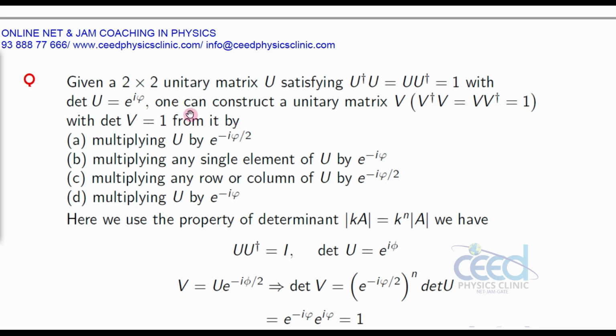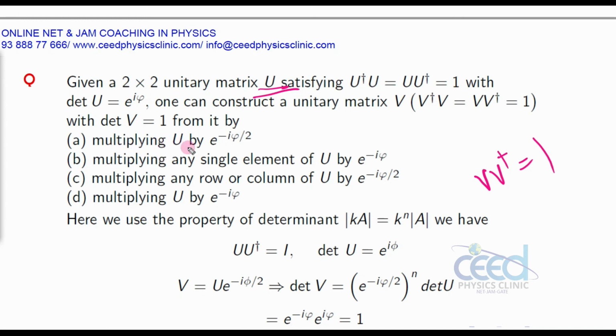So I can construct a unitary matrix V by multiplying this U with what? That is the question. Options are given like that.